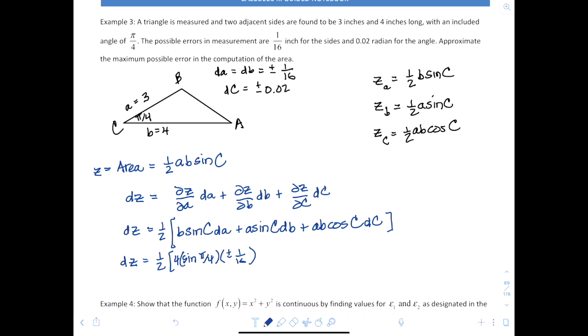And then plus 3 sine pi over 4 times dB, which was plus or minus a 16th. And then plus 3 times 4 times cosine pi over 4 times dc, which was plus or minus 0.02.